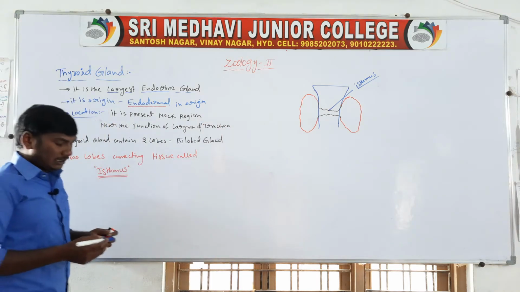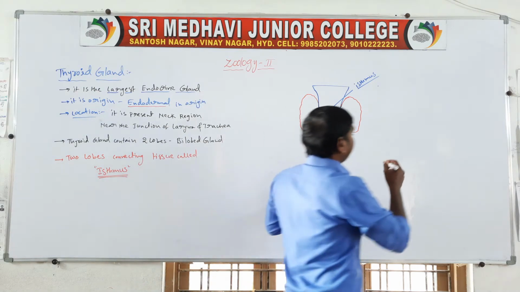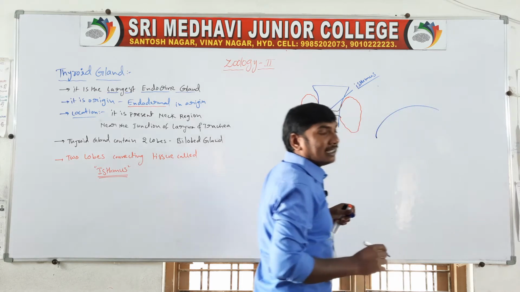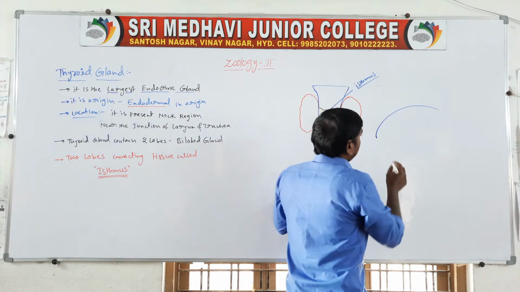Next one, the inner side of the thyroid gland. The inner side of the thyroid gland contains follicular cells.